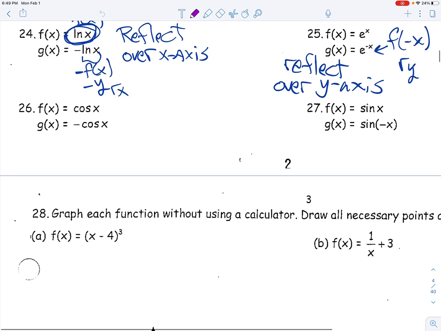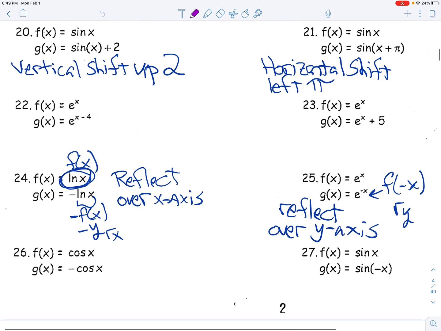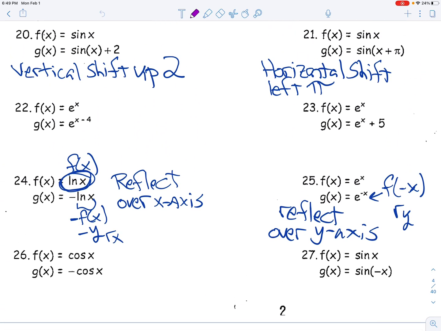All right, so let's do a quick little review here. Page 2, number 22. Let's start there.